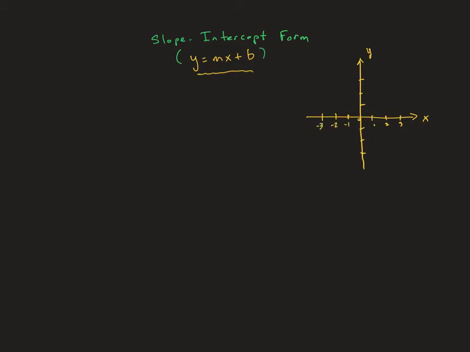I'm just using some examples here, and then I would have -1, -2, -3 and then 1, 2, 3. So I've identified the measurements on my axes. This is a good starting point. This is a great graph that I've drawn to get started.